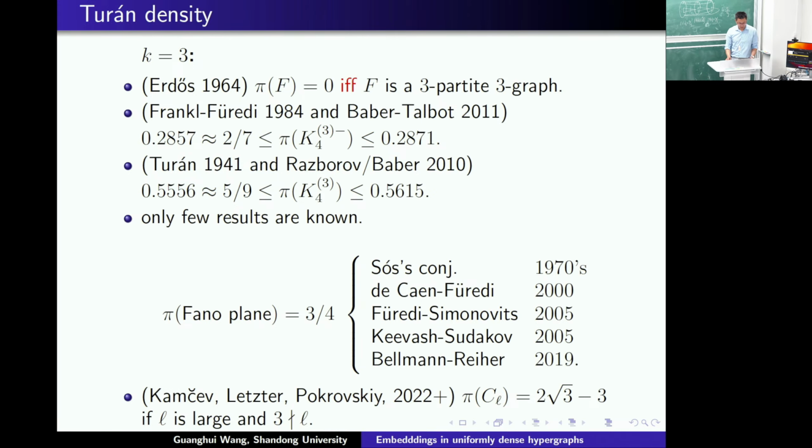And luckily, we know the Turan density about the Fano plane. It's 3/4. So last year, Kamčev, Letzter and Pokrovskiy determined the tight cycle C_l^3. C_l is the tight cycle in 3-graphs, where l is large and it is not a multiple of 3.